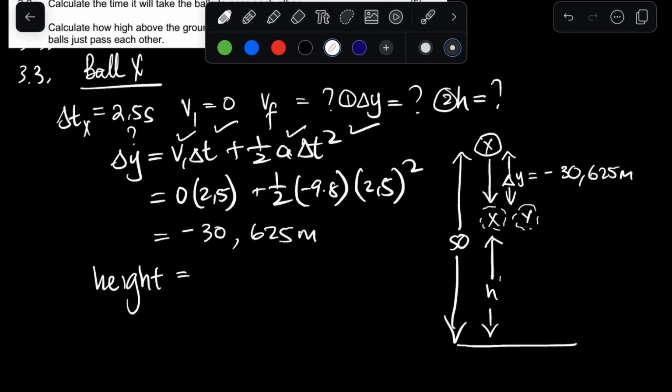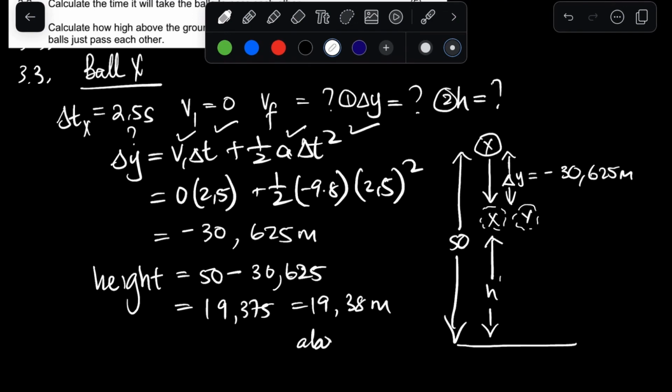We'll say 50 minus 30.625. It will give us the answer 19.375, which is going to be 19.38 meters above the ground, which is this height now. It's 19.38 above the ground. I hope that makes sense.